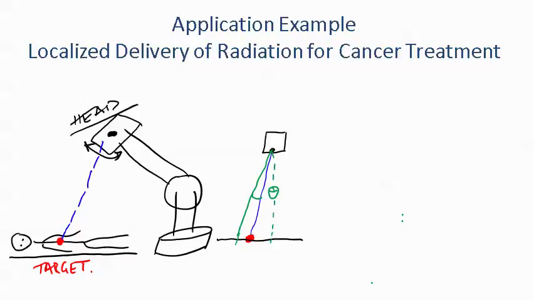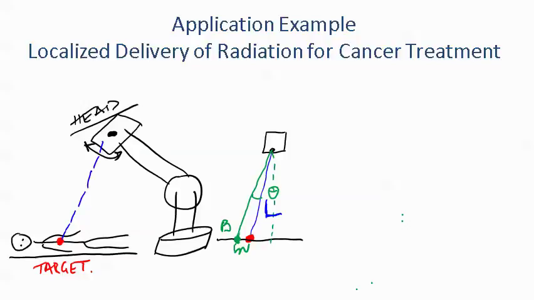If we know the distance between the head and the target, let's call this L, we are interested in finding out this offset here, which means that the ray will hit at this location, location B, instead of the original location, which is the target.